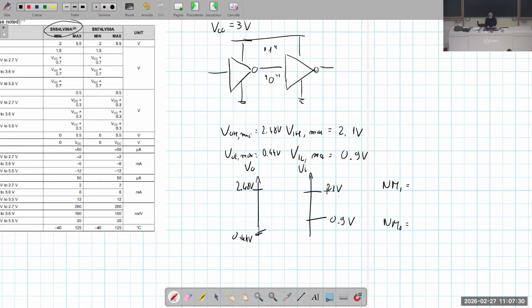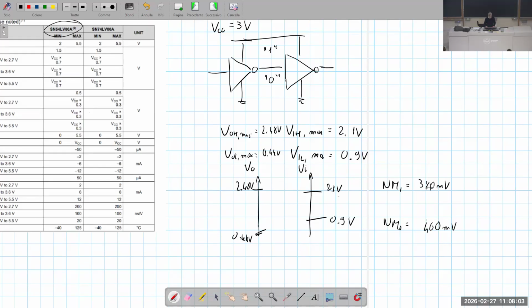At the high level, we have 2.48 minus 2.1, that is 380 millivolt. And at the low level, we have 0.9 minus 0.44, that is 460 millivolt. Sorry, 460.